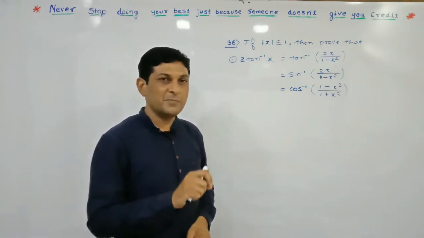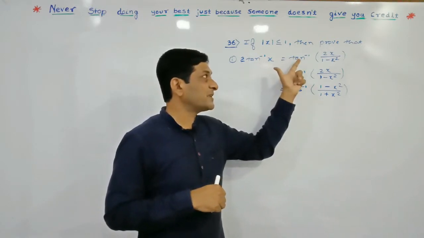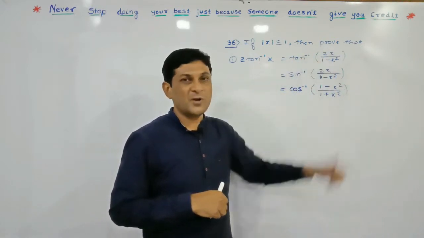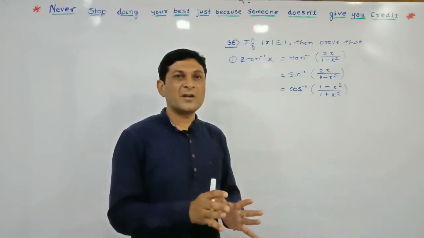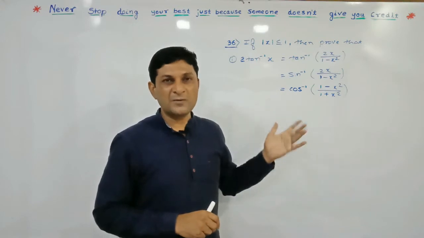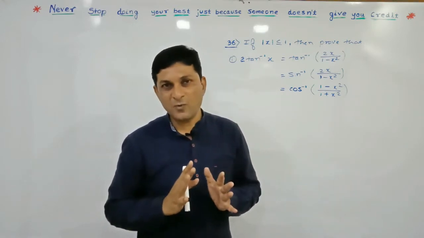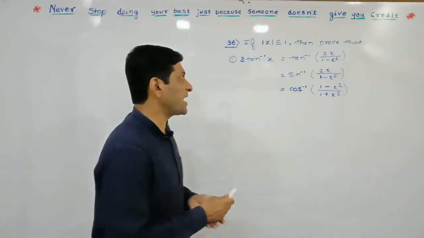In some examples, we have applied this property that 2 tan inverse of x is equal to tan inverse of 2x upon 1 minus x square, and here we are going to prove that property also. These are important properties of inverse trigonometric functions, but this property is given in an example. So let us try to prove it.